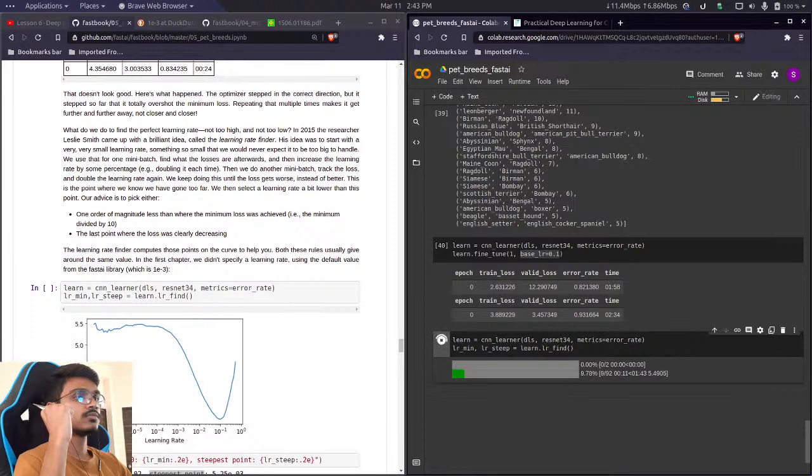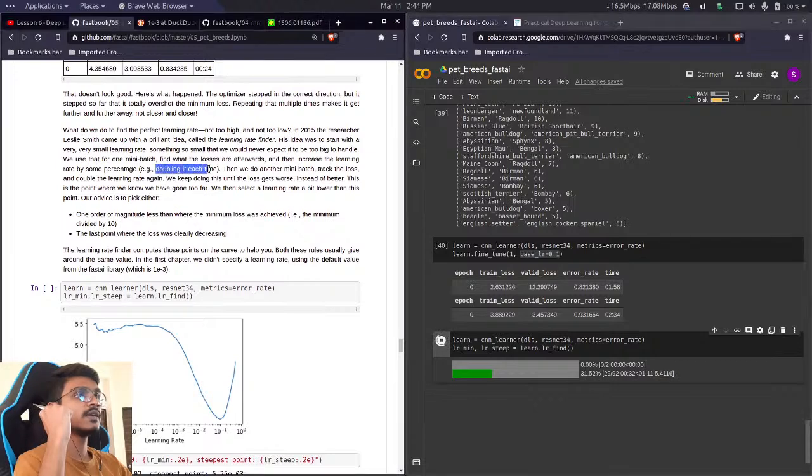For the first batch, we are selecting a very minimum learning rate, and as we move on to other batches, we are incrementally increasing the learning rate. It is said over here that we are doubling it each time.